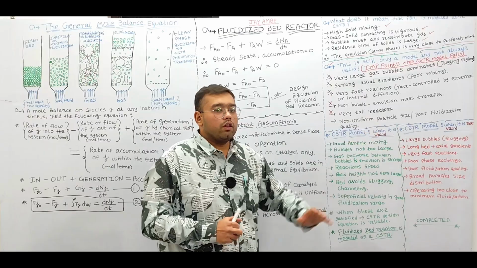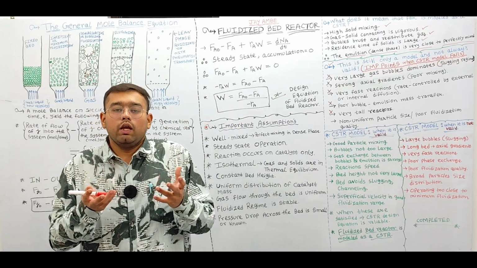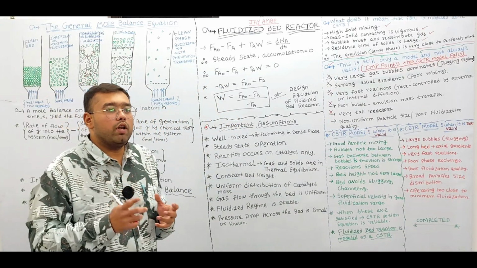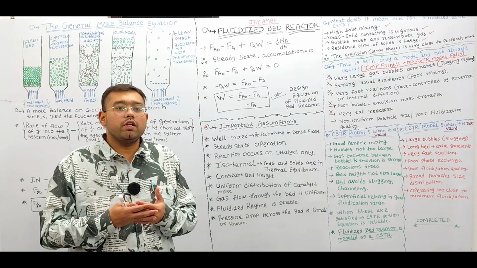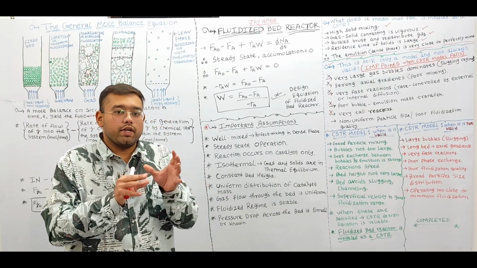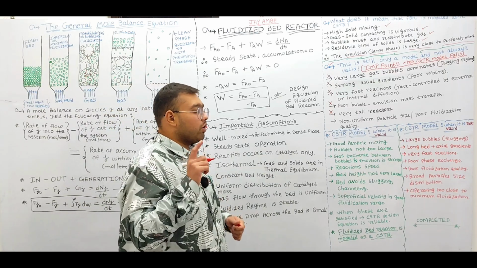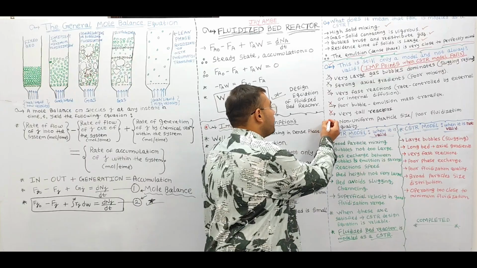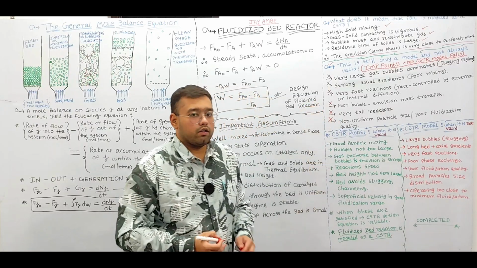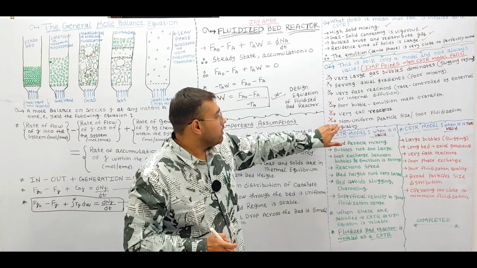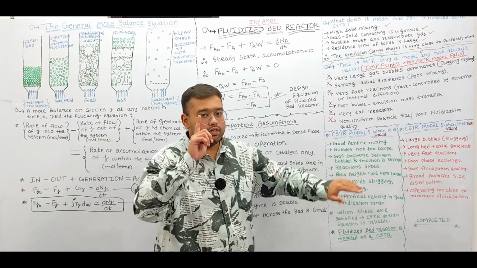Okay, due to which the fluidization quality will reduce, and we will not have uniform mixing of the gas-solid phase present in the emulsion phase. So during those conditions, we cannot model the fluidized bed reactor as a continuously stirred reactor. So due to this condition, the CSTR model fails, right?